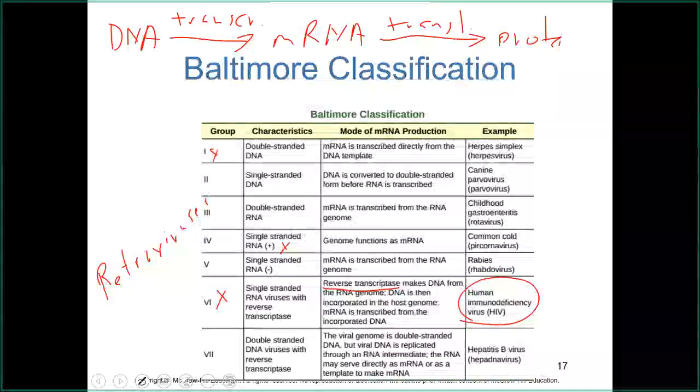Anyway, those are the retroviruses, and then we have the double-stranded DNA viruses that likewise have a reverse transcriptase.